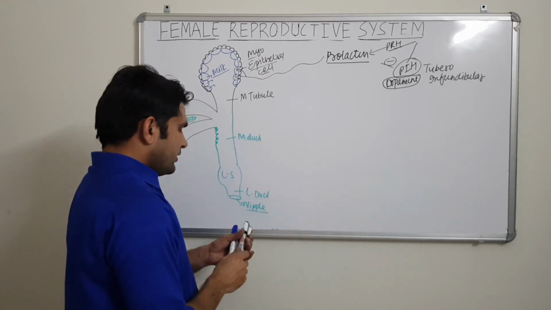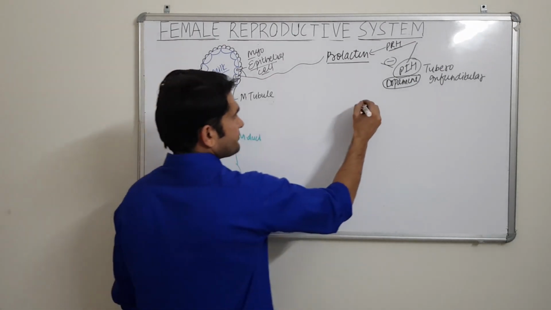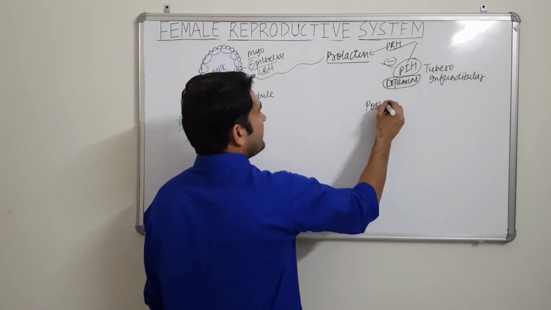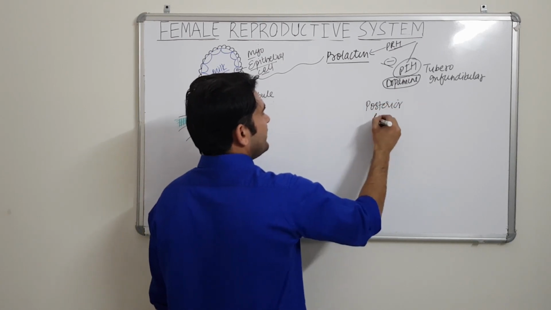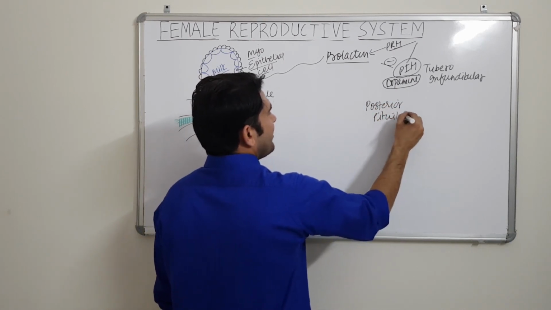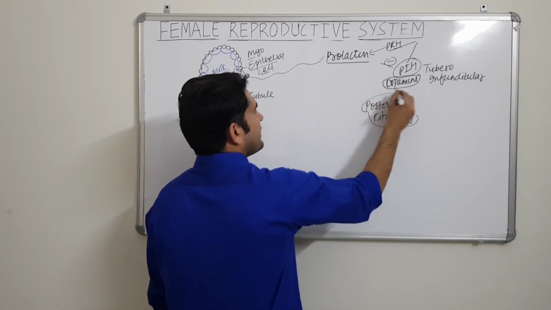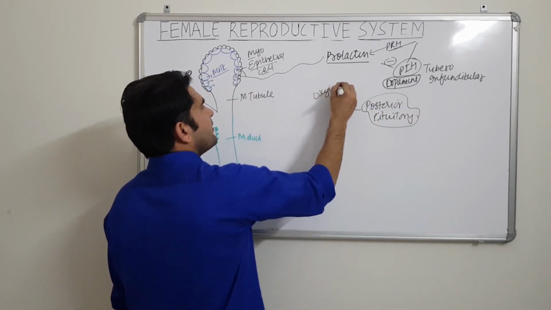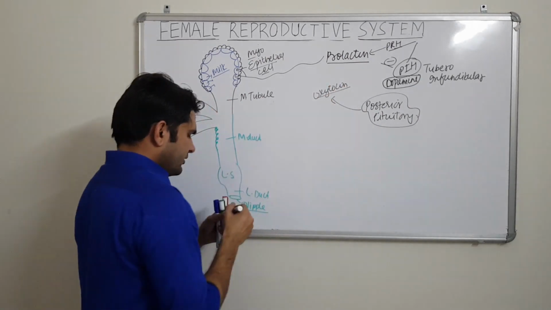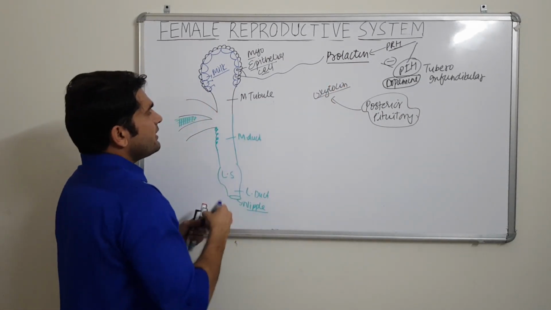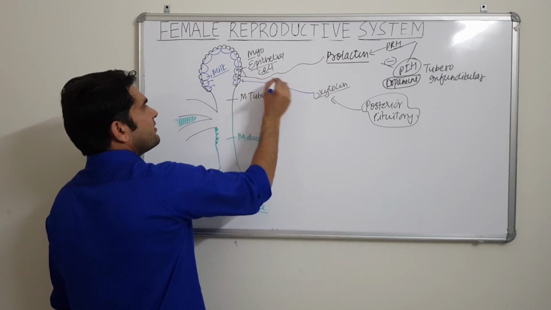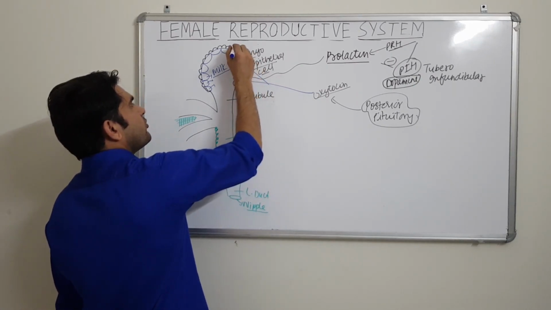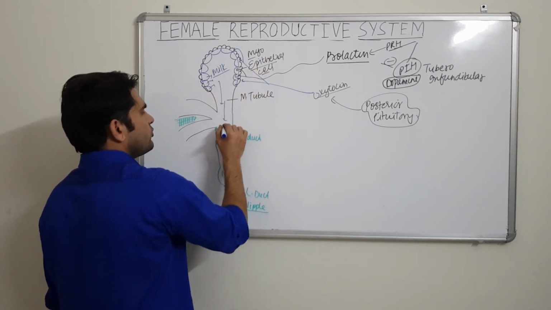Then from posterior pituitary, again this hormone is formed by hypothalamus and stored in posterior pituitary. A 9 amino acid hormone, we call that nonapeptide. The name of hormone is oxytocin. Under the influence of oxytocin, this oxytocin comes and acts on these myoepithelial cells, and these myoepithelial cells start contracting and milk has been squeezed outside.